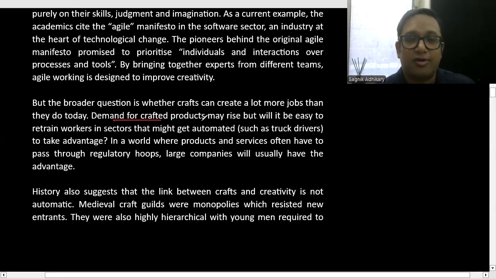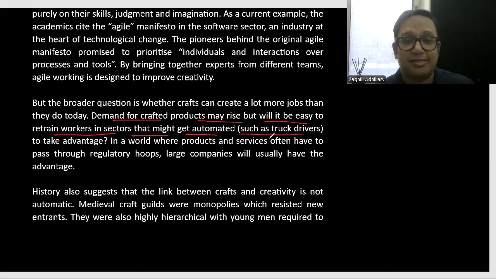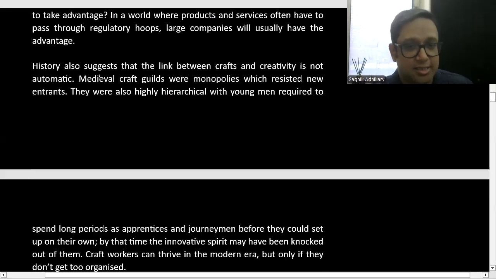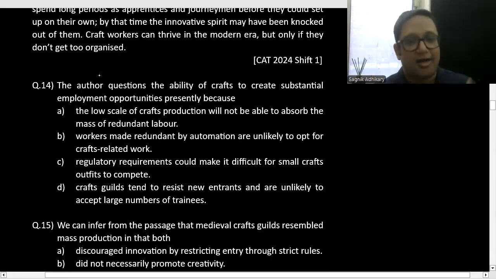Second statement, demand for crafted products may rise, but will it be easy to retrain workers in sectors that might get automated, such as truck drivers, to take advantage? Question mark. We don't know if this is even possible. So this may or may not be a reason why the author questions crafts' ability to create substantial employment. We are not certain about option A, not correct.